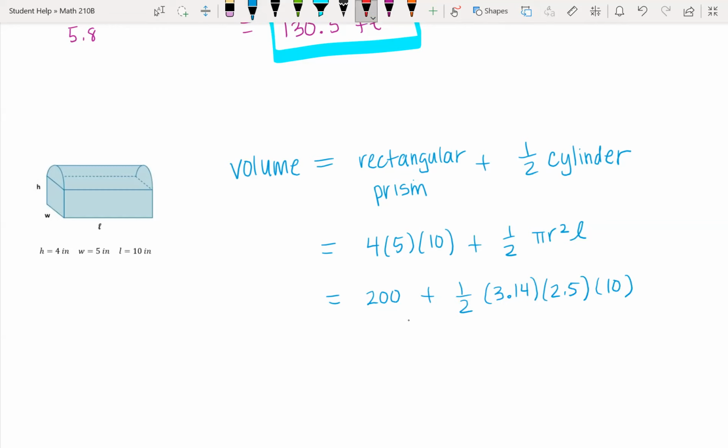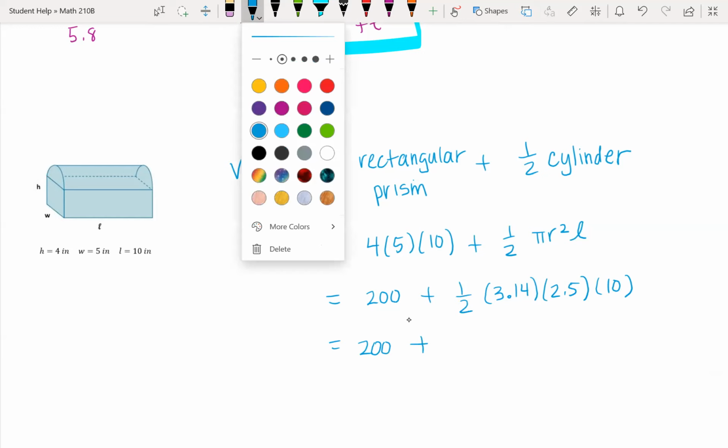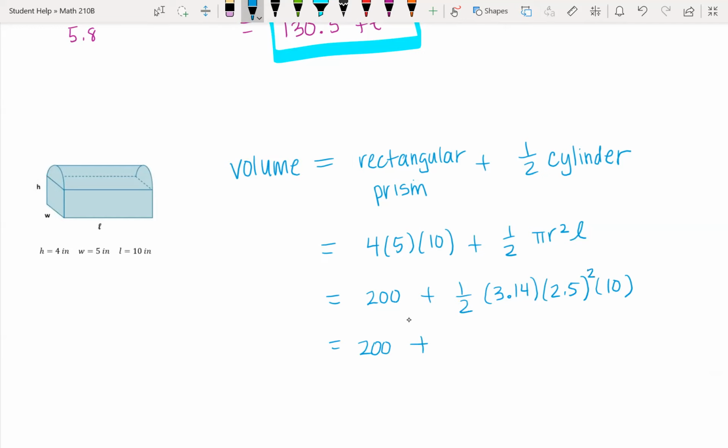For the radius, I'm looking at this right here because that's going to be the same length here. W is 5, so I'm getting 2.5 for the radius there. Oops, that needs to be squared, right? 2.5 squared.